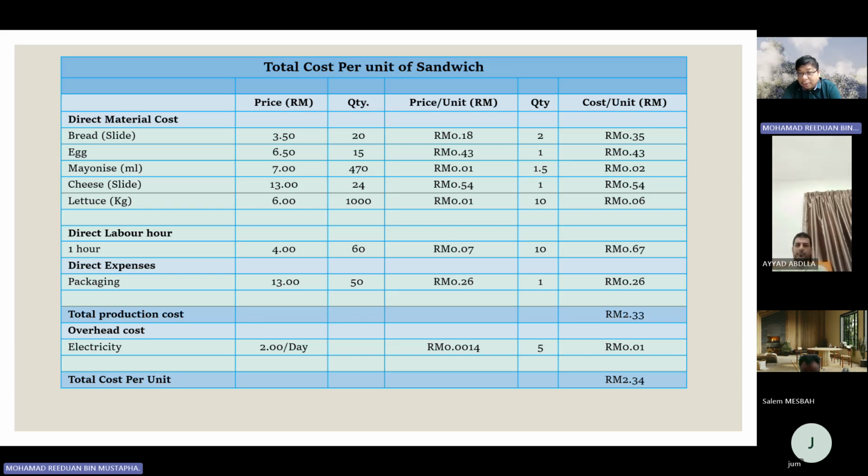Maybe the minimum requirement for a customer to buy your product is 1 liter, so you need to find out the cost per liter. That is the minimum. If you say, okay, my company only sells a minimum, you have to buy 50 liters. That is the minimum. We cannot sell it lower than that.